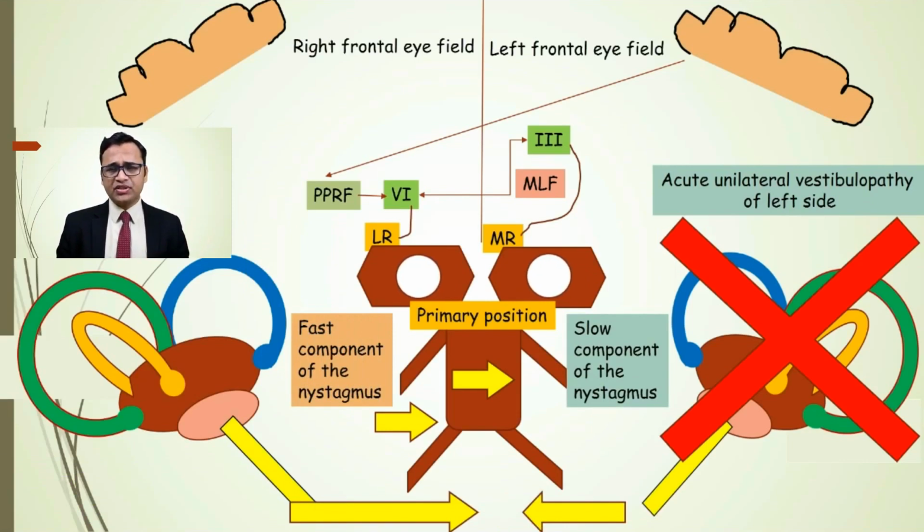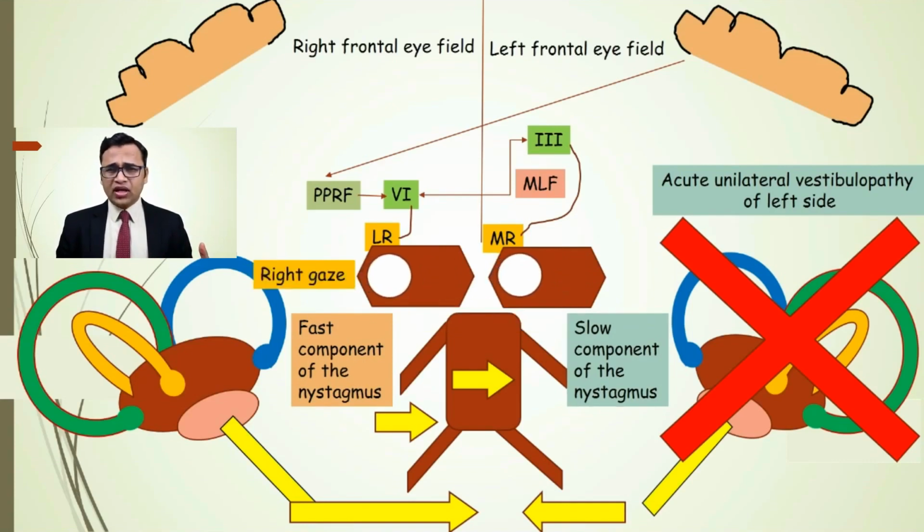So this is what happens in primary position. There is slow tonic deviation of the eye towards the left side, and the fast corrective component is towards the right side. Now let us see what happens when the patient looks towards the right side. Again there is a nystagmus, there is a slow tonic deviation of the eyes towards the left side, and there is fast corrective component towards the right side.